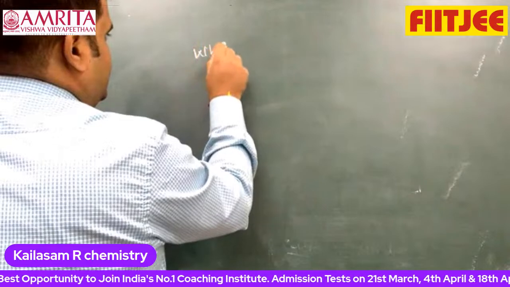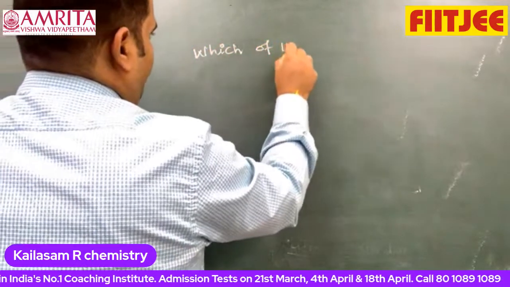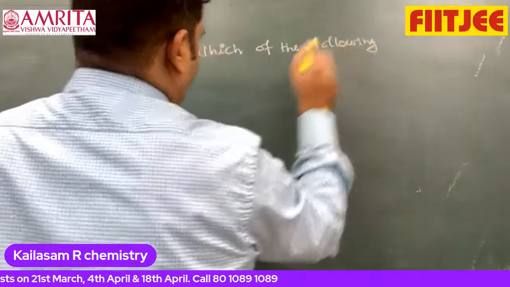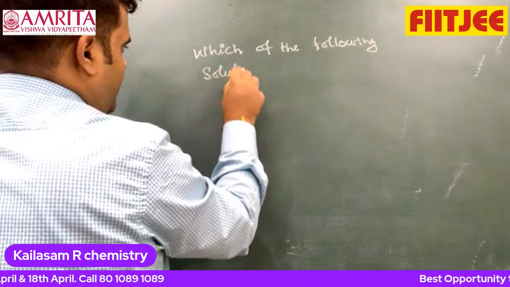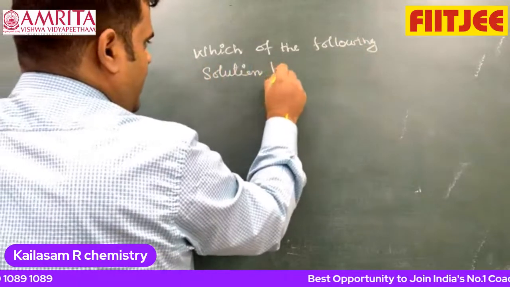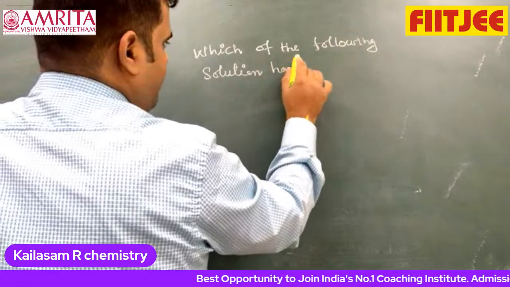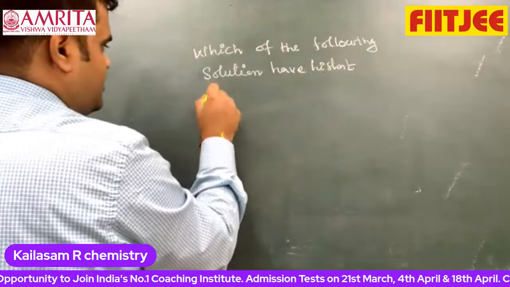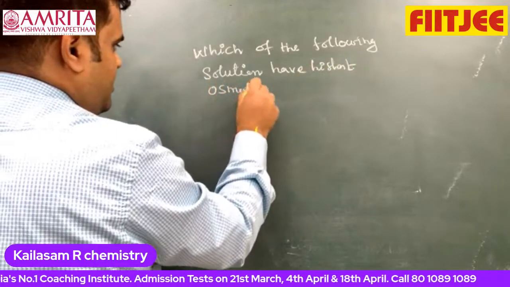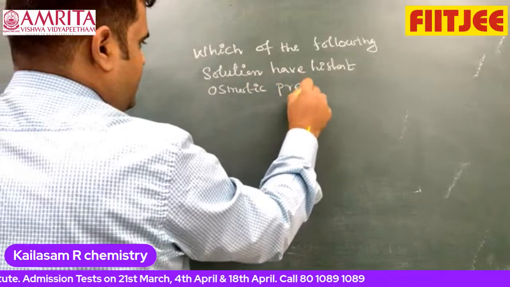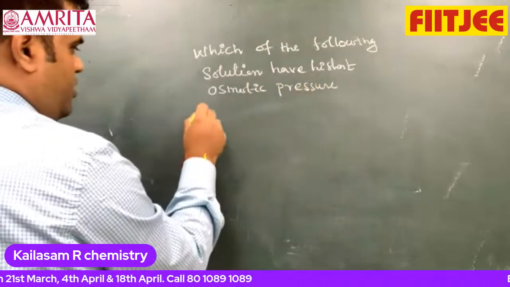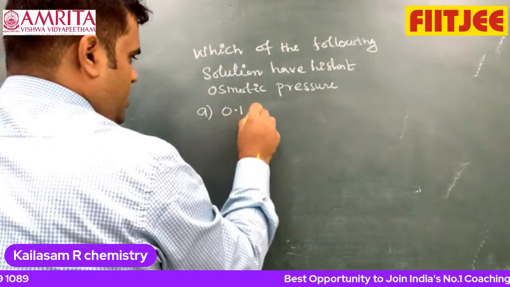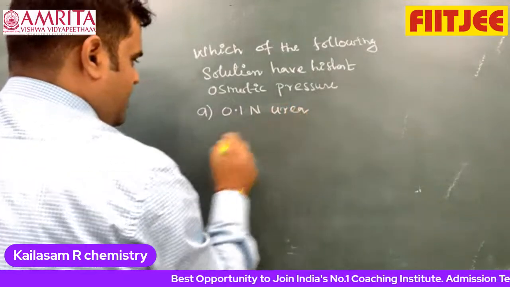I'm going to option A. Listen carefully. 0.1 normal of urea. Option B.